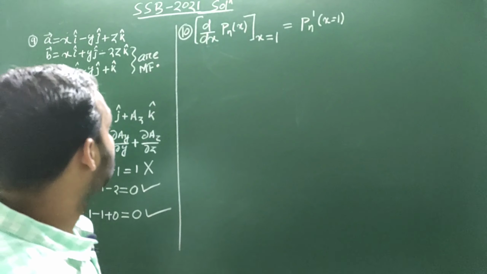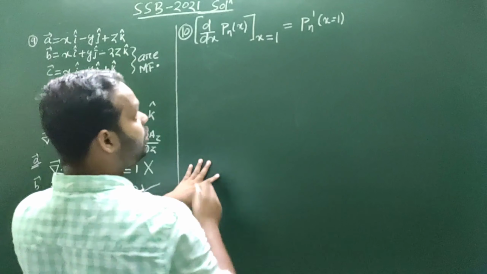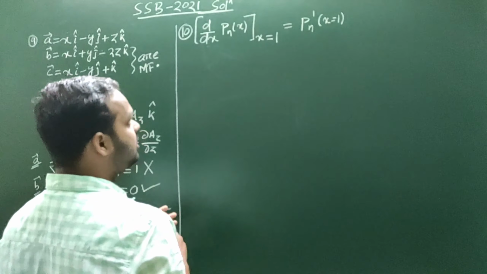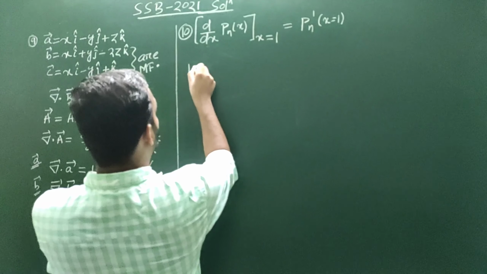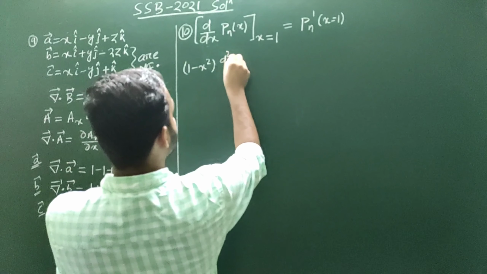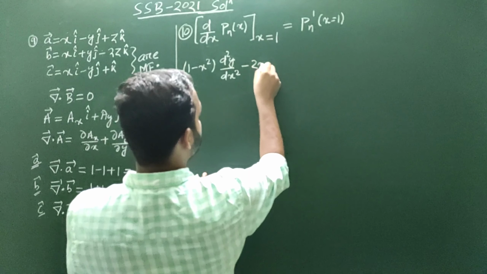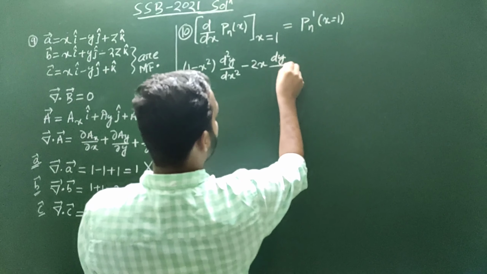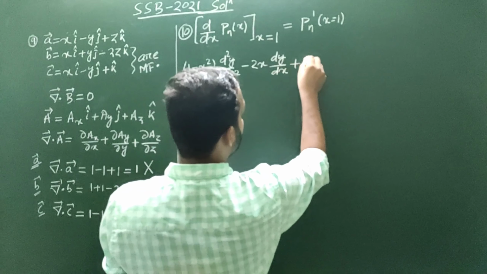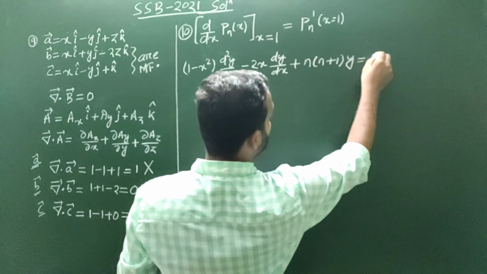How to find this? Let's take the Legendre differential equation. If you remember, the equation is 1 minus x square d square y by dx square minus 2x dy by dx plus n into n plus 1 y is equal to 0.